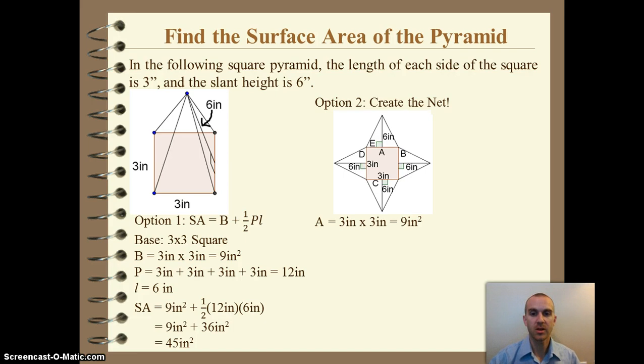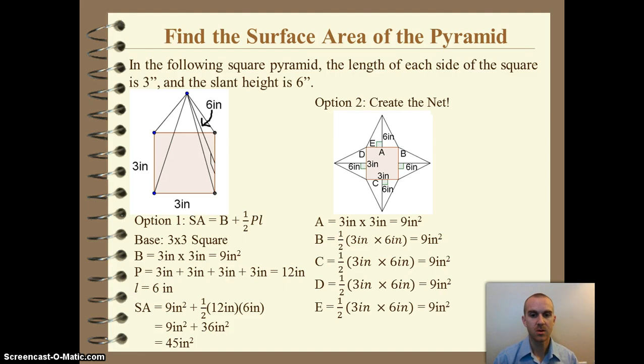I can label all the other ones because they are identical triangles. And so I have 4 congruent triangles that are all 1/2 times 3 times 6. The first of my 9 square inches in this case is the square, and then 9 times 4 is 36. It matches up with that perimeter times the slant height. So again, 45 square inches.